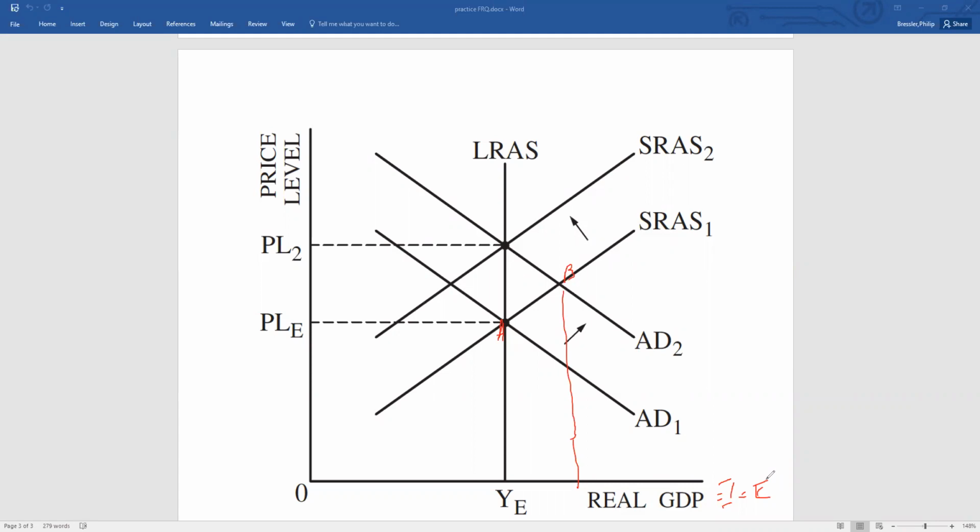Now, if they gave us the Phillips curve, we would have slid left on the Phillips curve, right? Because you slide opposite aggregate demand. So just keep that in mind in case, like in this one, they didn't ask, but they can ask you about the Phillips curve.